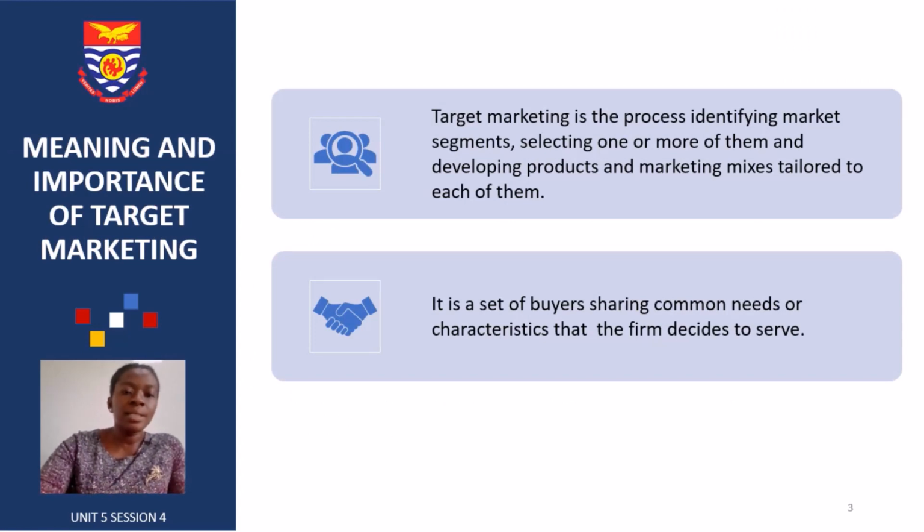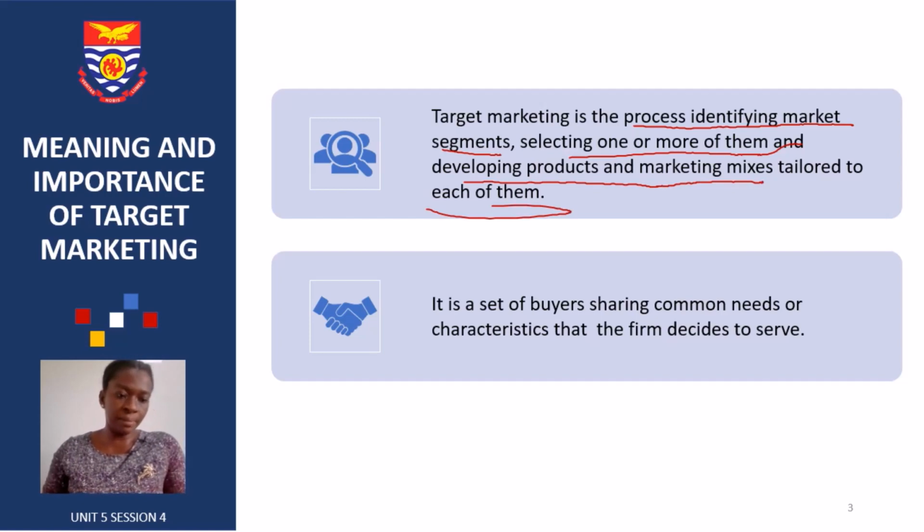When we're talking about target marketing, we're saying it is the process of identifying market segments, selecting one or more of them, and developing product and marketing mixes tailored toward each of them.